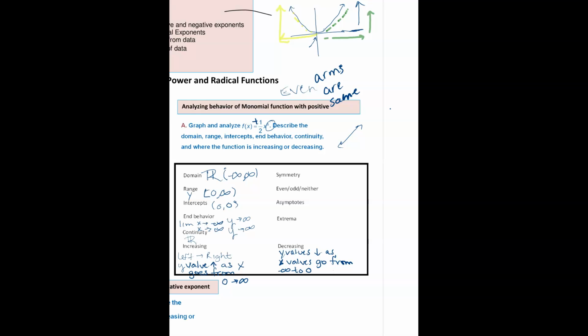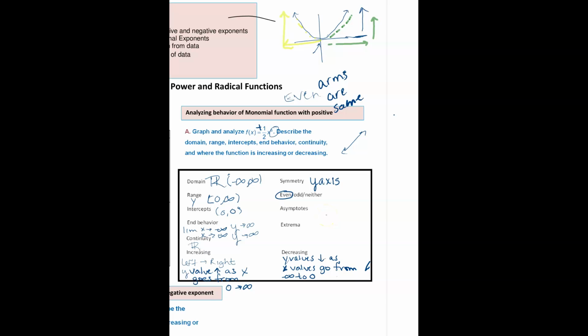All right, and then symmetry. Is this symmetric to the x-axis, y-axis, or origin? Well, if we folded it across the y-axis, then it would overlap perfectly. So that is even symmetry, which is across the y-axis. Remember, if it is symmetric across the x-axis, it actually doesn't have a name. And if it's symmetric across the origin, it is odd. Asymptotes. Are there any asymptotes in this graph? No asymptotes.